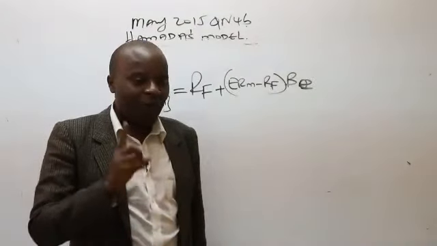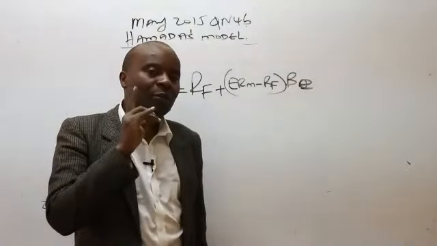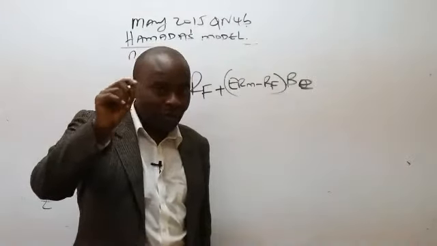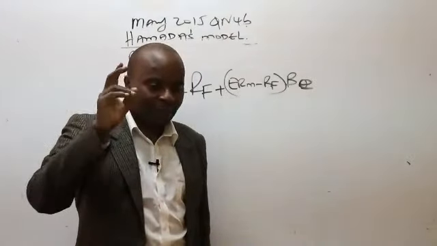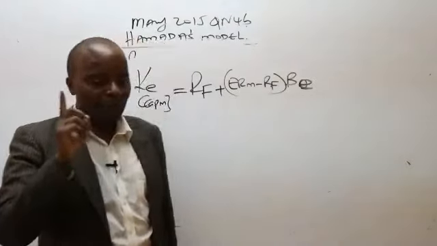We only make use of beta assets when we're getting KU, the cost of equity of an unlevered firm. And then number 2, when handling the APV concept.